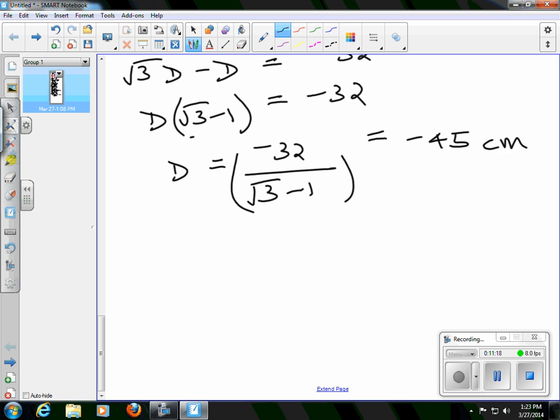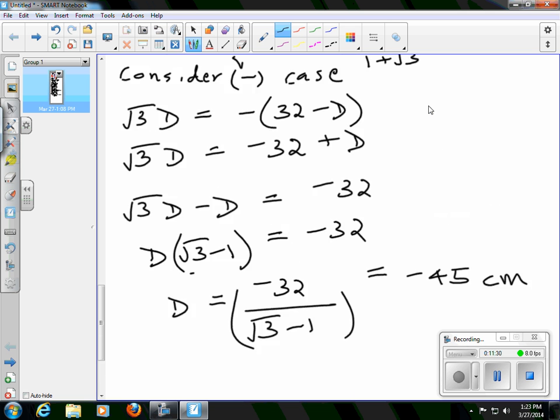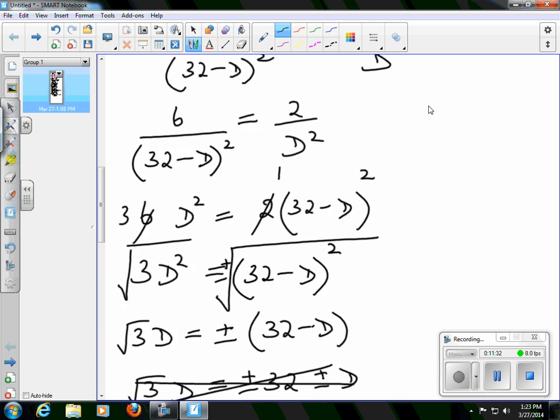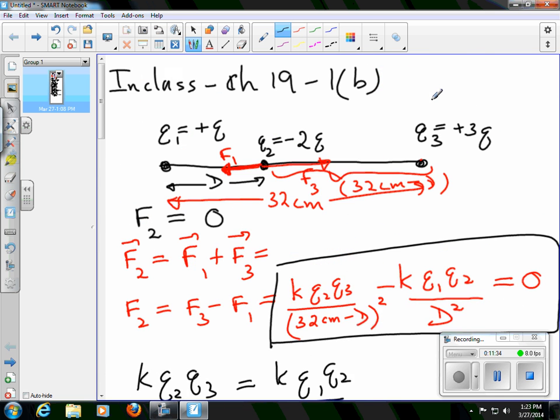Now we have two answers. Which one do you pick? Negative answer or positive answer? Negative answer is the negative direction from the Q2 charge. Positive answer is the positive direction from the Q2 charge. Now where is Q1 charge? Q1 charge is here. The negative answer is this direction, the positive answer is this direction.